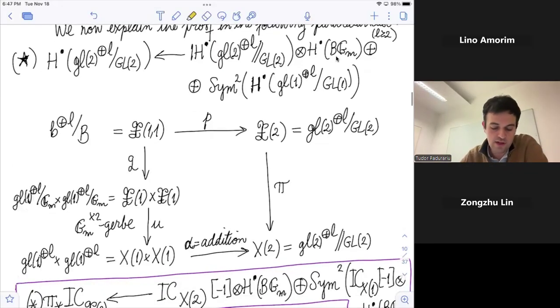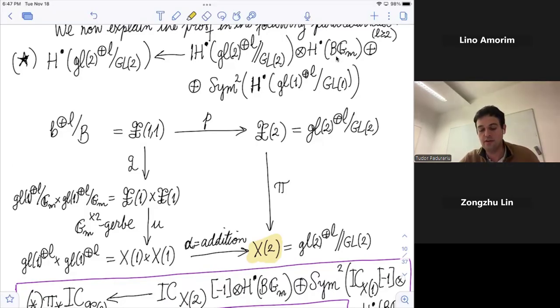First, we need to write our diagram of spaces that we'll be using. An idea going back to Davison and Meinhard is to prove statements relative to a base, a good moduli space. Here, the base is this X_2. The reason will become apparent in the next section when we also impose a potential.